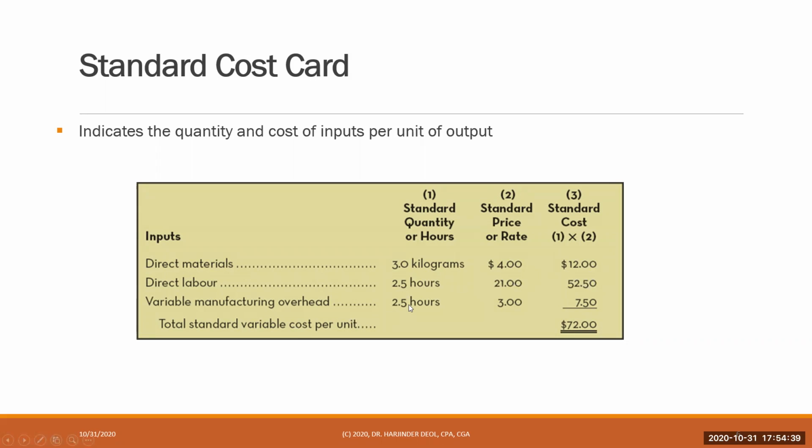And variable manufacturing overhead looks like it's charged based on direct labor hours, 2.5 hours times $3, $7.50. So the total standard variable cost per unit of product is $72. Now, there's no particular significance of these numbers. It's just an example of what a standard cost card would look like. And basically, a standard cost card provides the quantity of inputs as well as the standard costs per unit of input.